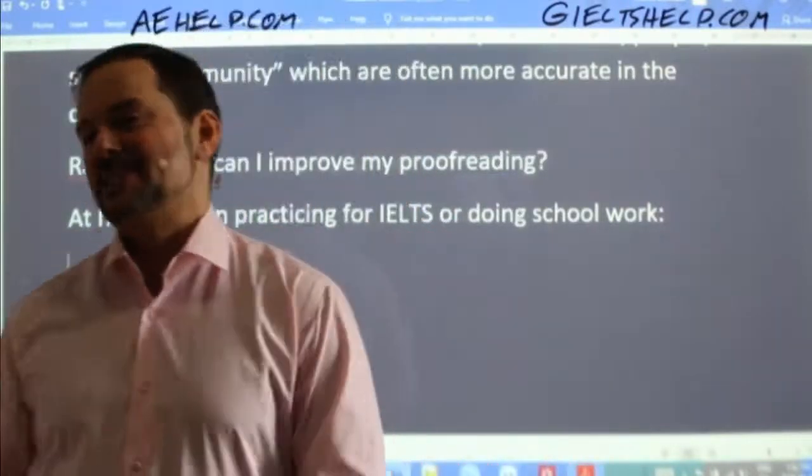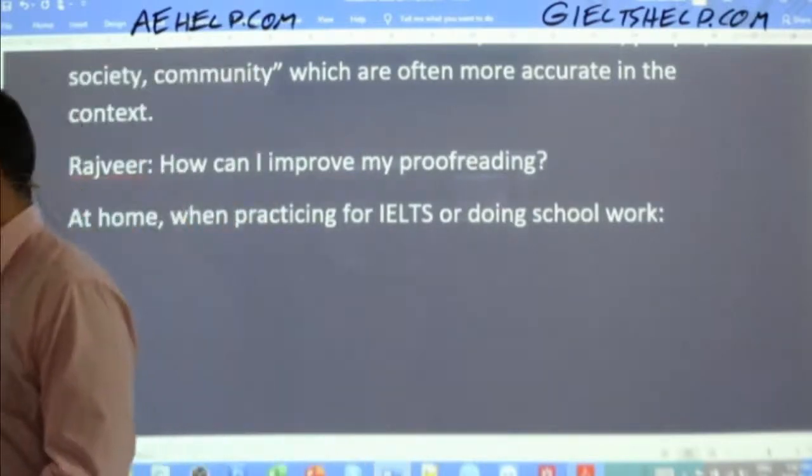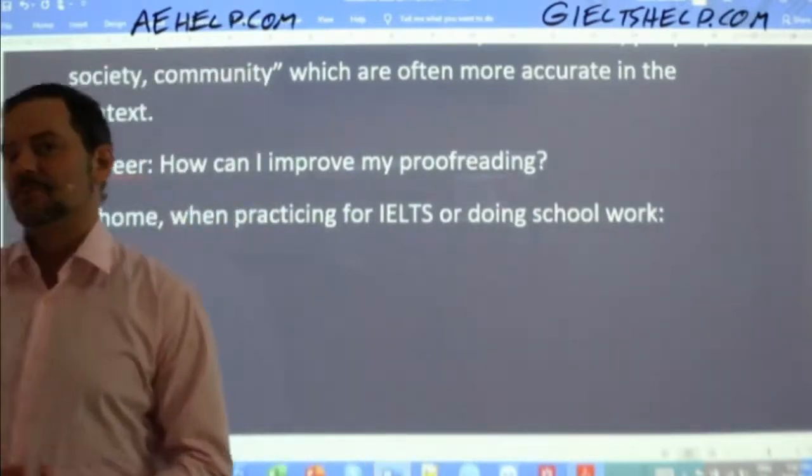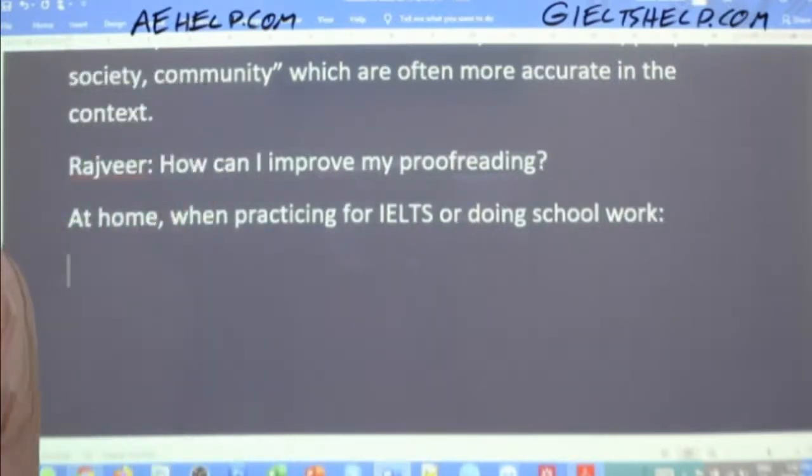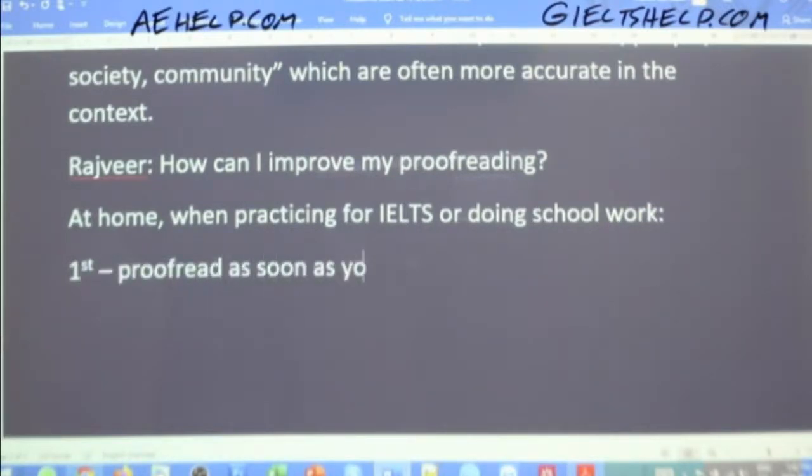They're big, big questions. So how can you improve your proofreading is a big, big question. We could almost spend an entire class or two just on that question, but let's touch on some of the important points, okay? So at home, when you're practicing for IELTS or doing work, the first step is proofread as soon as you are done the work.